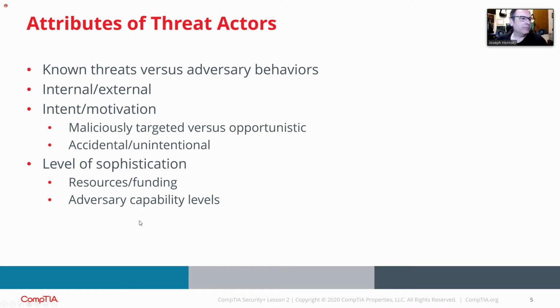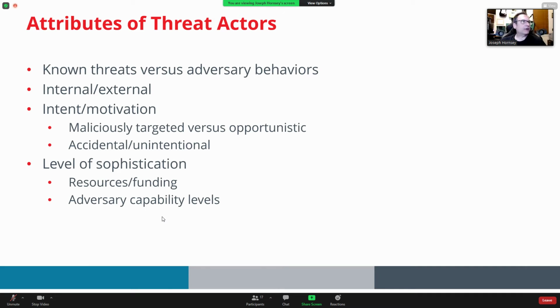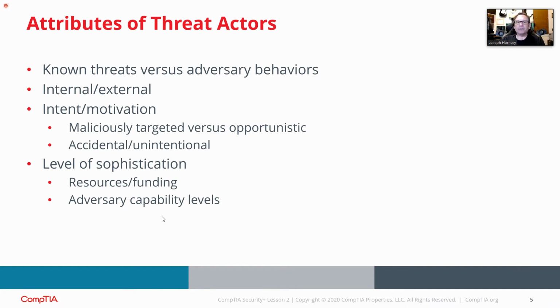So as we were saying, the way that we categorize and look at threat actors has changed in recent years because the threat landscape has changed dramatically. When we look at the level of sophistication that these threat actors have, it's really been a game changer.